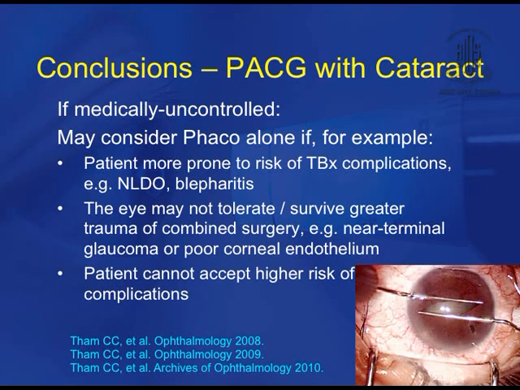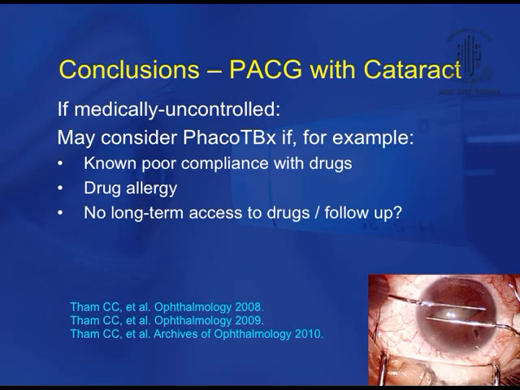You may consider phacoemulsification alone if, for example, the patient is more prone to the risk of trabeculectomy complications, if the eye may not tolerate or may not survive the greater trauma of combined surgery, or if the patient cannot accept a higher risk of complications. On the contrary, you may consider combined surgery if, for example, the patient has a known poor compliance with drugs, the patient has known drug allergy, or the patient has no long-term access to drugs or to clinical follow-up.